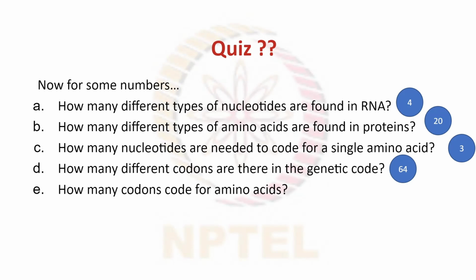So what do the other 3 code for? Yeah, the other 3. So we have 61 codons coding for 20 amino acids and 3 denoting the stop codons.